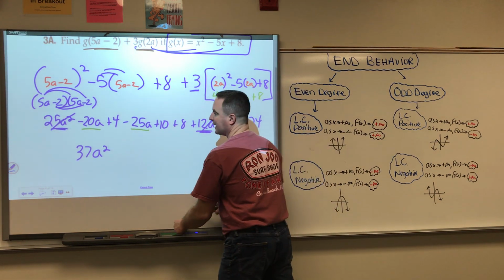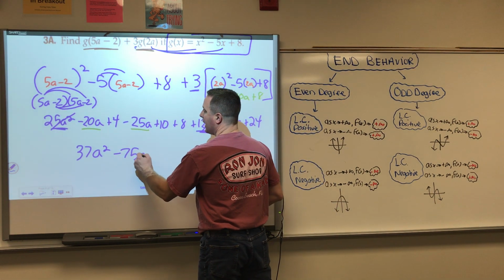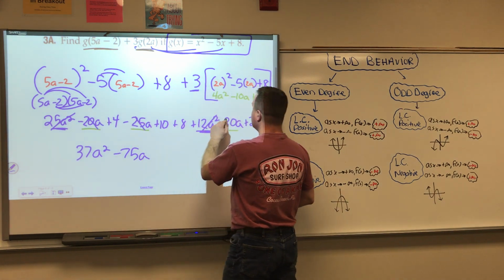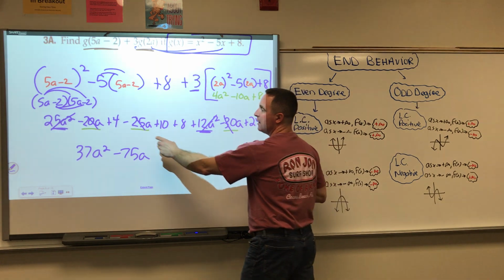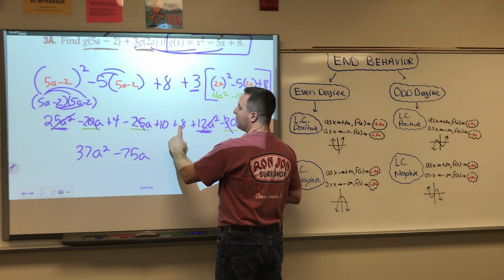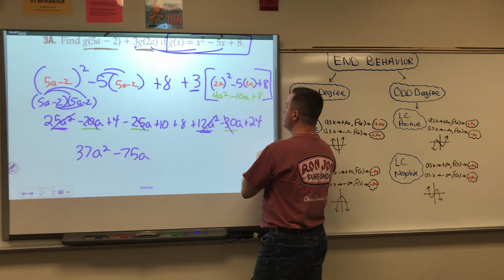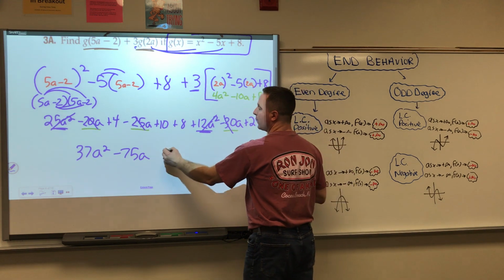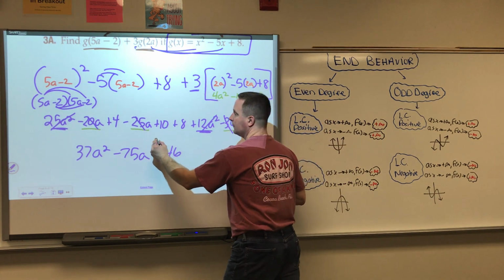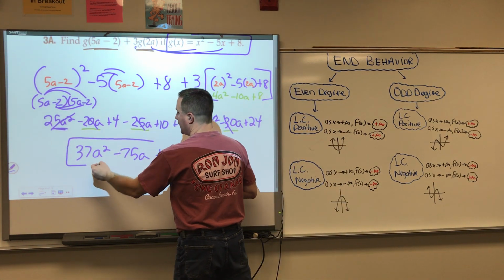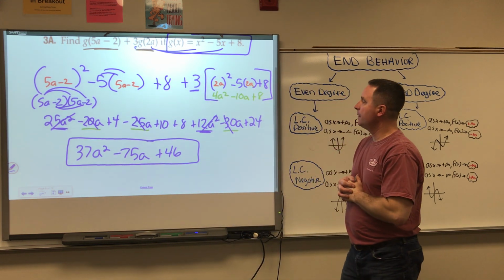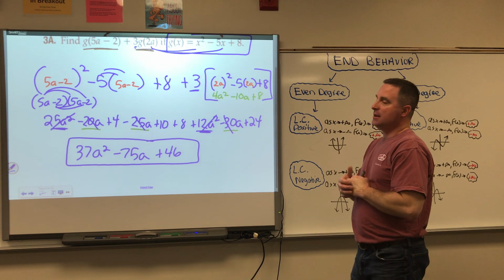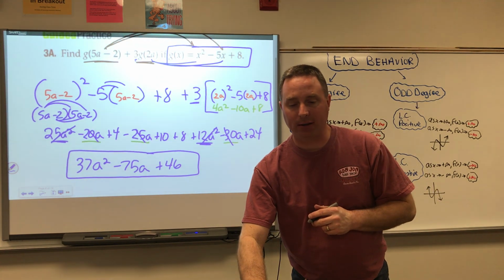Minus 30 is negative 75a. And again, you can use your calculator. And then they have some constants here. 14 plus 8 is 22. 22 plus 24 is 46. And I think that's what I end up with altogether on that one.